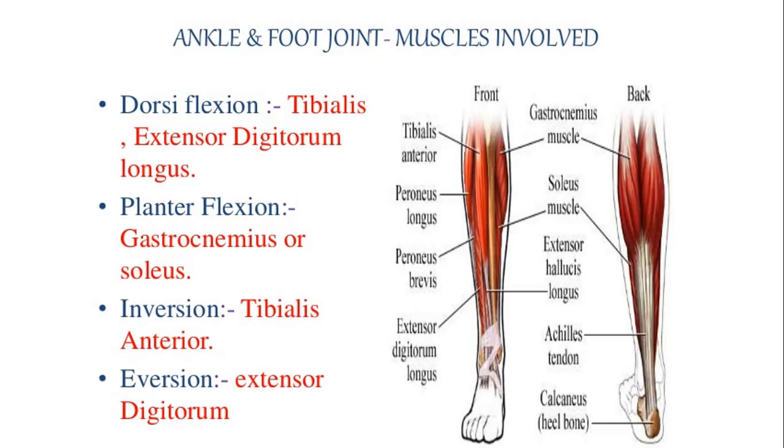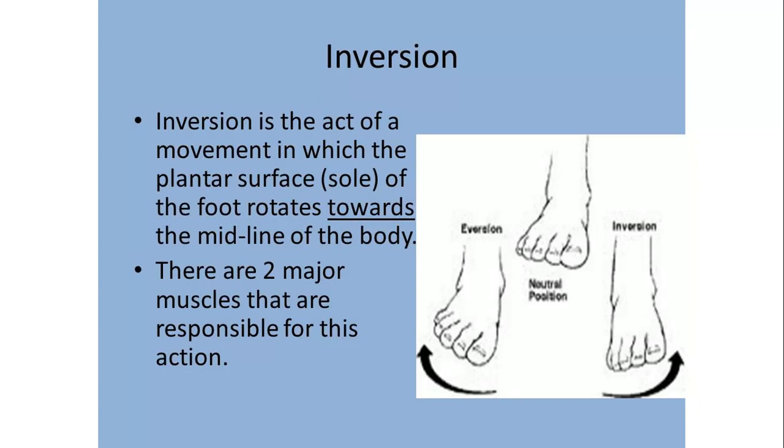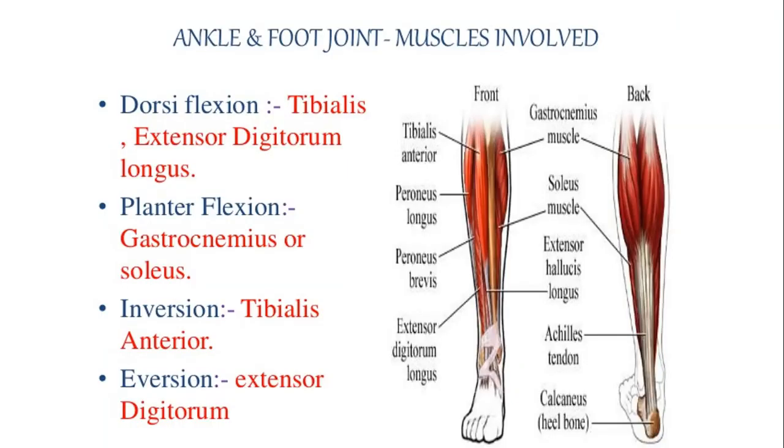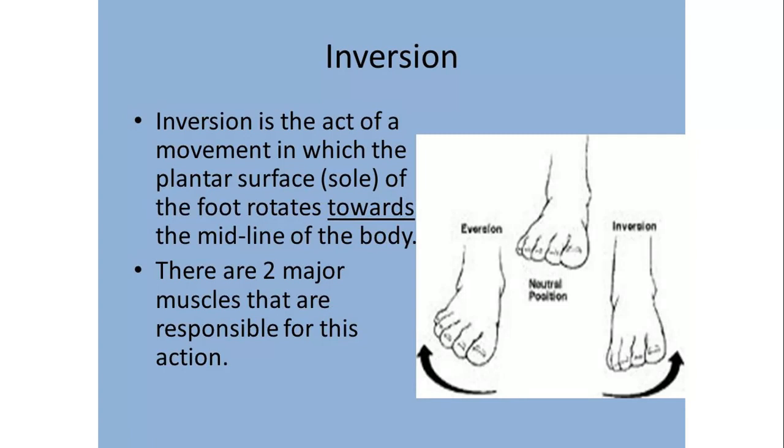For inversion, the muscles on the medial side will try to pull the foot inwards, and eversion has other muscles; we will see them in further detail. Inversion is a movement in which the plantar surface of the sole of the foot rotates towards the midline of the body. If you compare it with pronation and supination, you can understand this.